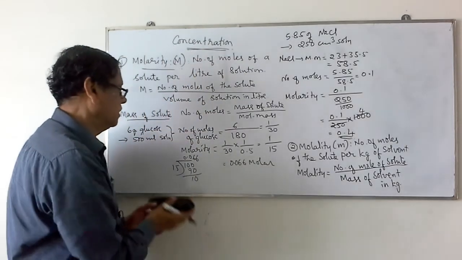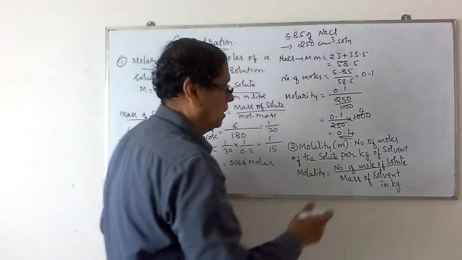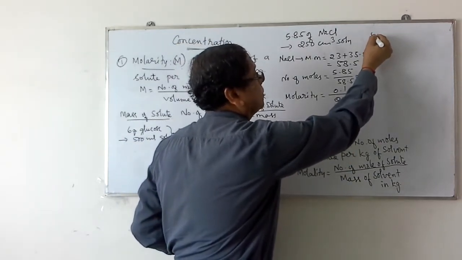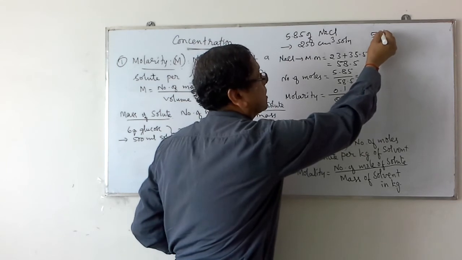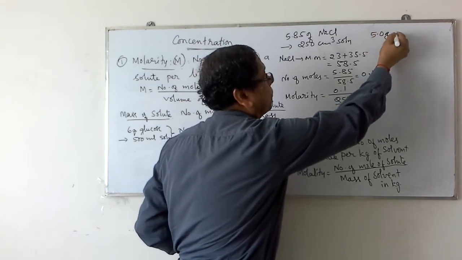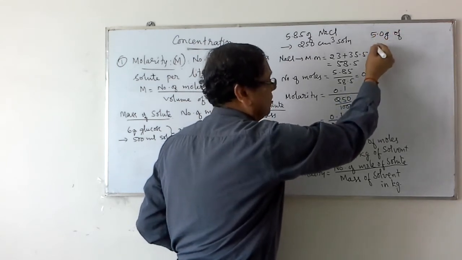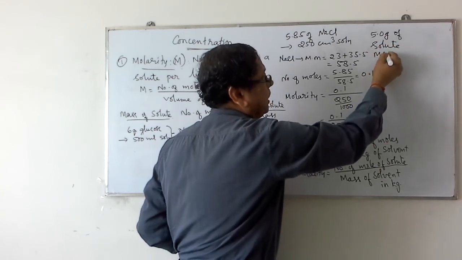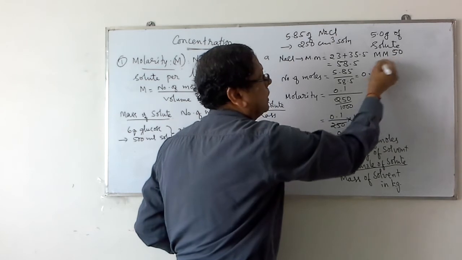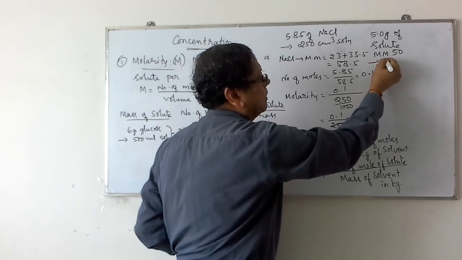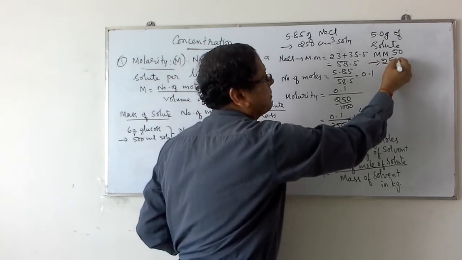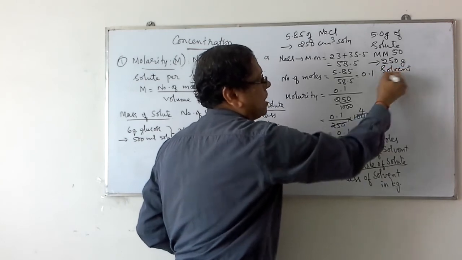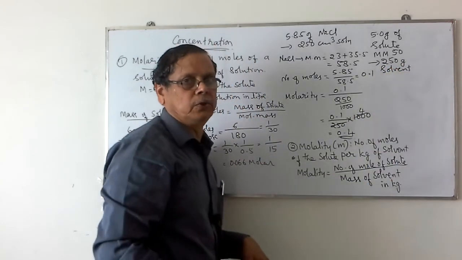Suppose I am taking this example of 5.0 grams of a solute with molecular mass 50. This much I am dissolving in 250 grams of solvent, that is water. Then you are asked to calculate the molality of the solution.